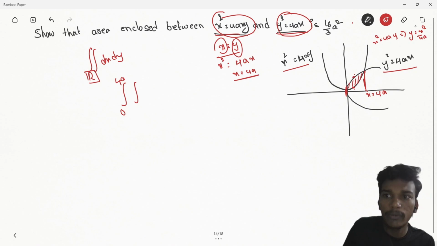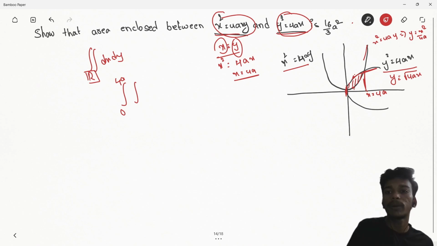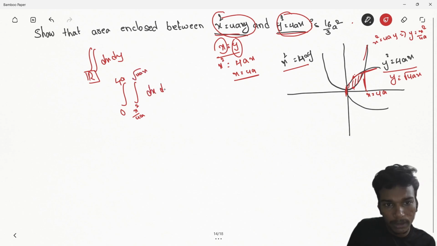This gives the value of y on this curve. Now the value of y on the curve y square is equal to 4ax is y equal to under root of 4ax. Now I've got the limits of y also: the lower limit is x square by 4a and the upper limit is under root of 4ax. Now I'm going to integrate with respect to dx.